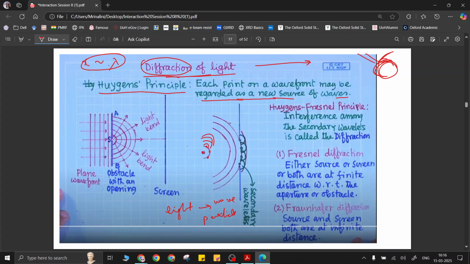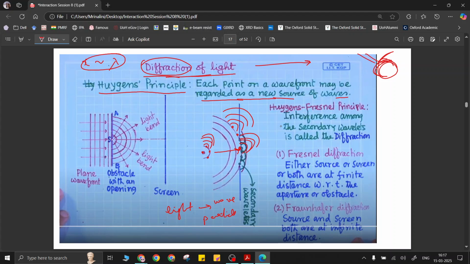So this is the wavefront traveling, and if we take one point, that point can be considered a new source of wave. Then there will be another point that also can be treated as a new source of wave. So this is Huygens principle, and we see what things we get by this assumption.